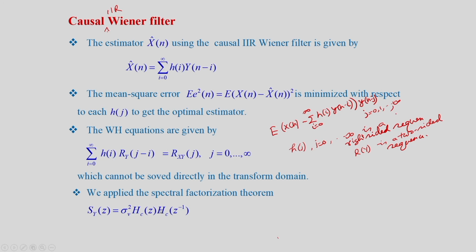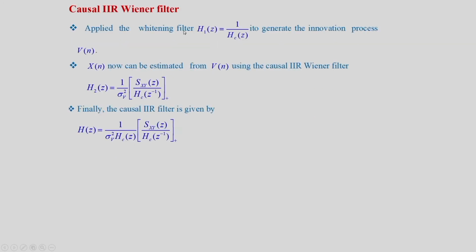Apply the whitening filter H1(z) equal to 1 by Hc(z) to generate the innovation process. Suppose this is my y(n), pass it through 1 by Hc(z), the innovation filter or whitening filter, to get the innovation sequence.